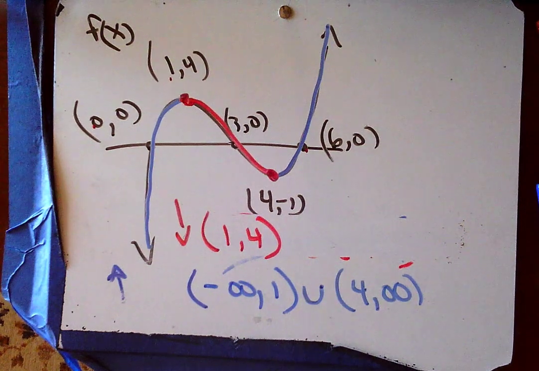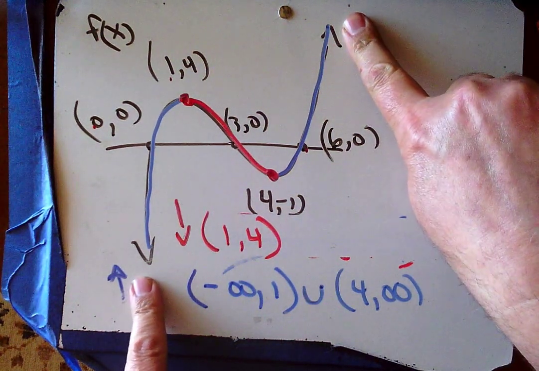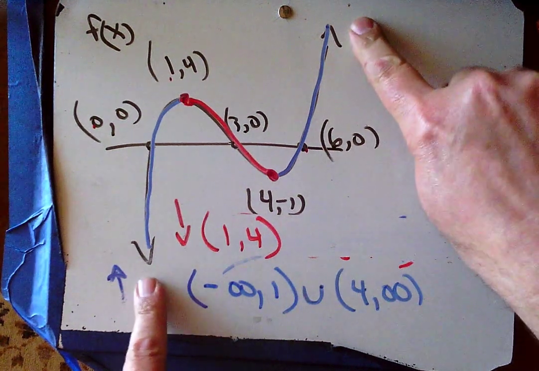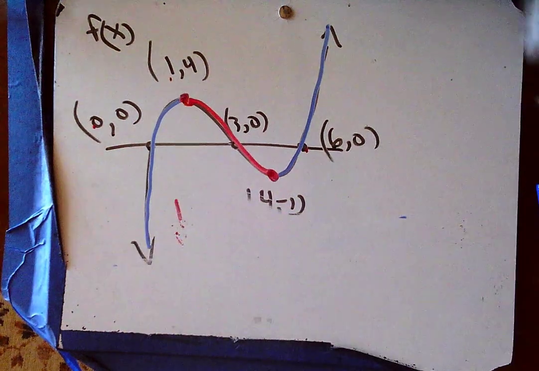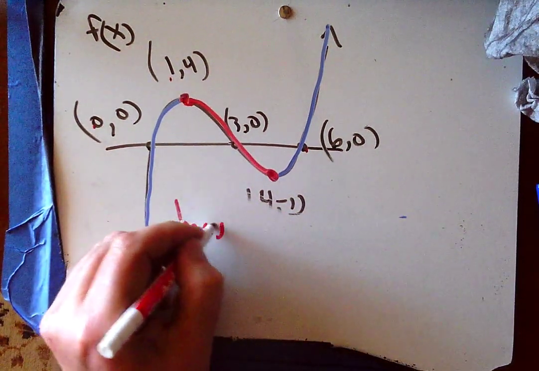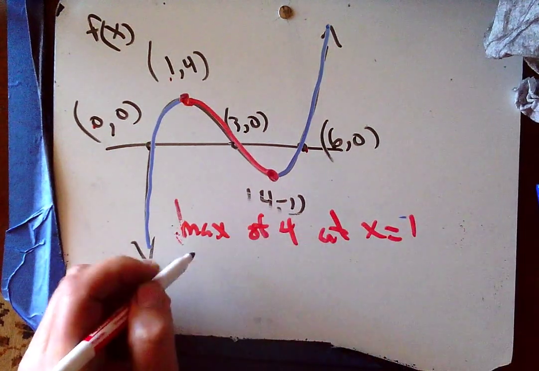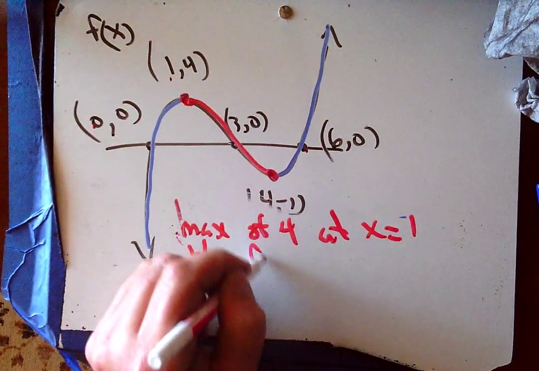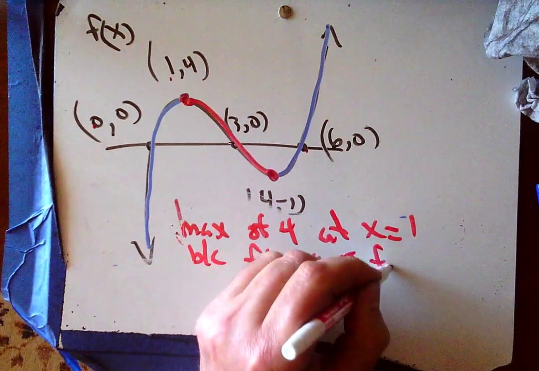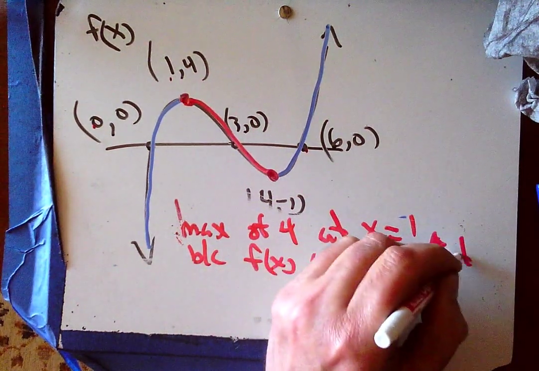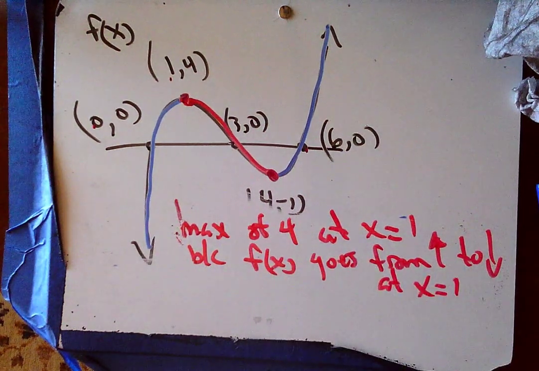Now, what about max? What about min? Well, these go forever, so the endpoints don't exist. So there's no maxes and mins here, but there is a max on the graph, and the max of 4 at x equals 1 because f of x goes from increasing to decreasing at x equals 1.